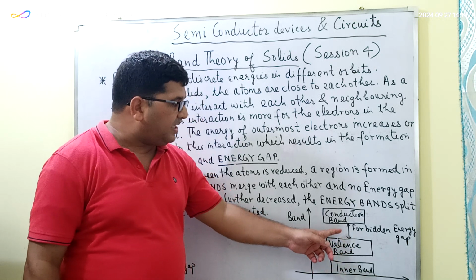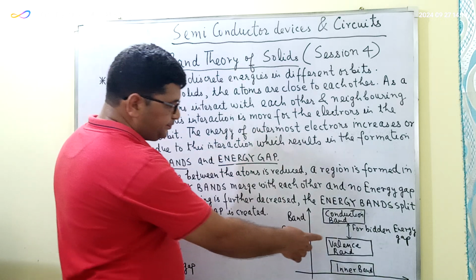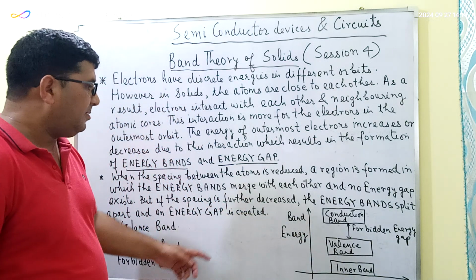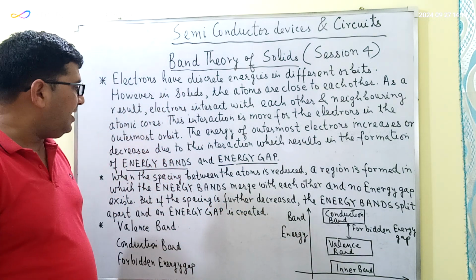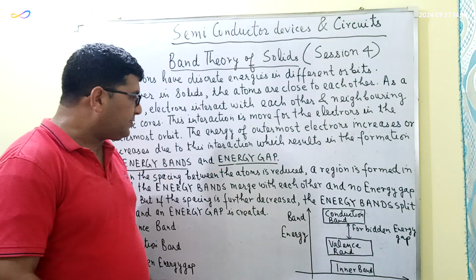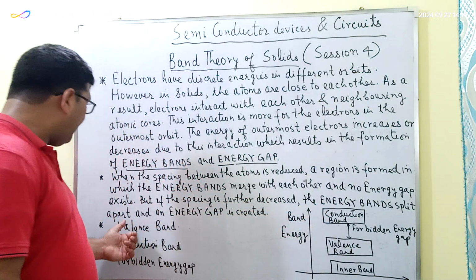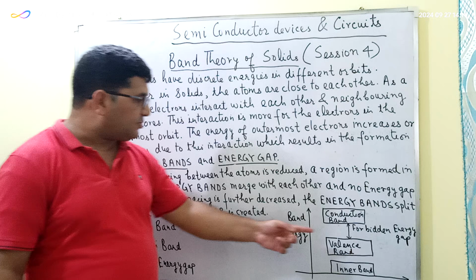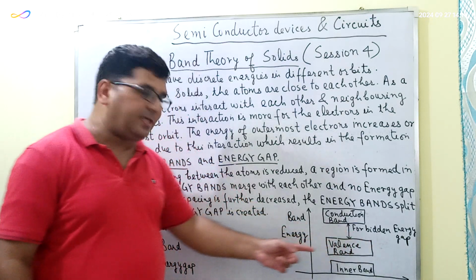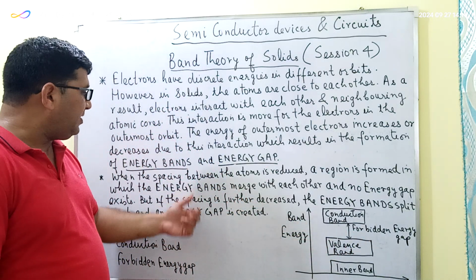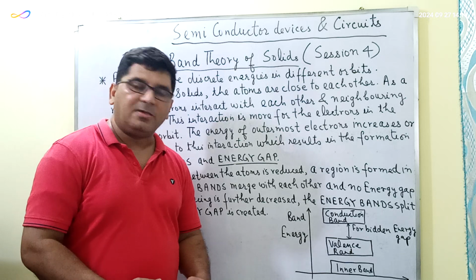This forbidden energy gap is, as we have already discussed, created when the spacing between the atoms is continuously reduced, then the energy bands split apart and an energy gap is created.